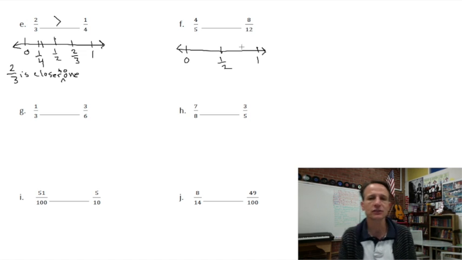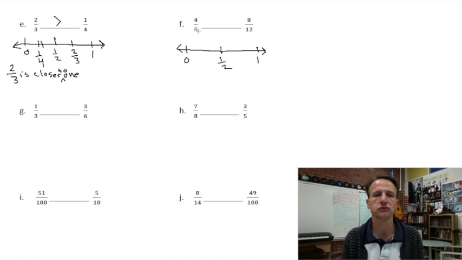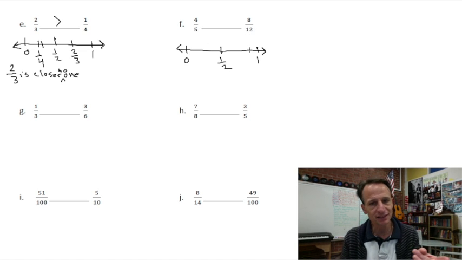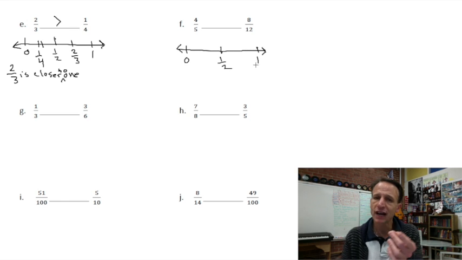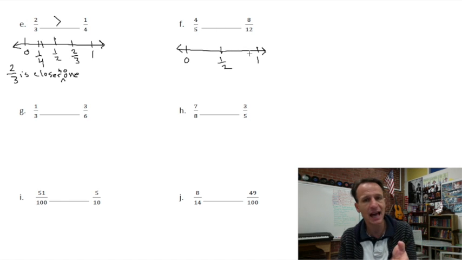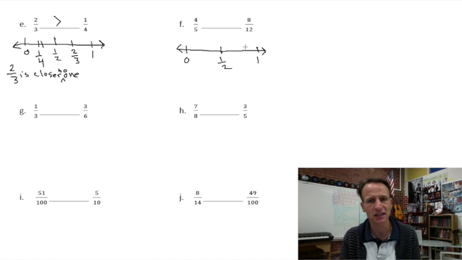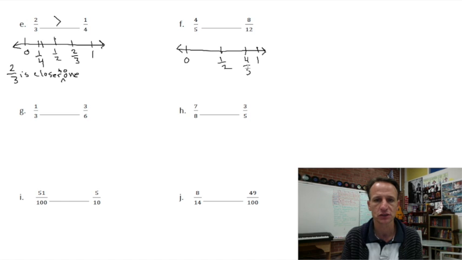All right, so let's look at 4/5. So if we were to look at this number line and try to place 4/5, well, I know that 5/5 is 1. So 4/5 is more than 1/2, closer to 1, right? So I could easily just kind of say, well, it's about here-ish, 4/5. Now 8/12, I know that 6/12 is half.